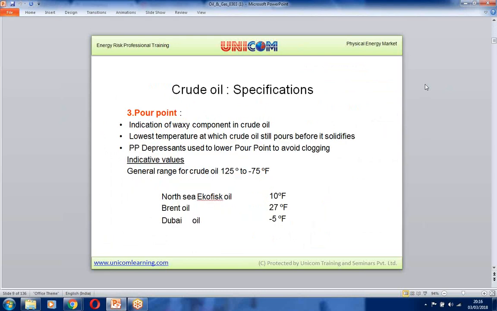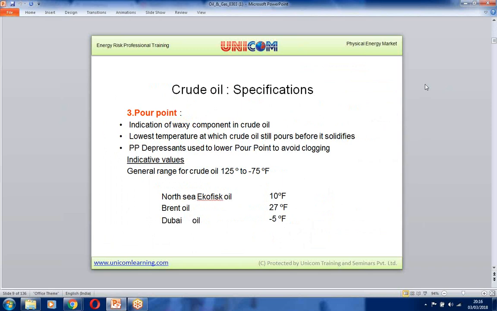Another important characteristic of crude oil is the pour point, which indicates the wax component in crude oil. Pour point means the lowest temperature at which the crude oil still pours before it solidifies. Generally, pour-point depressants are added to lower the pour point, because in cold temperatures solidification will cause clogging of pipelines.